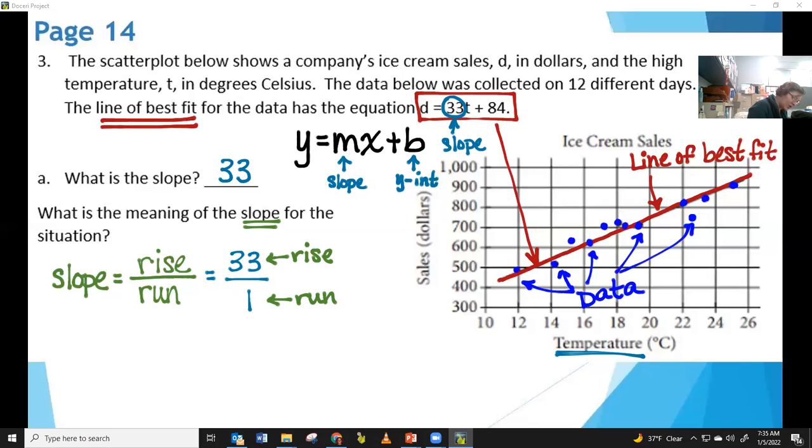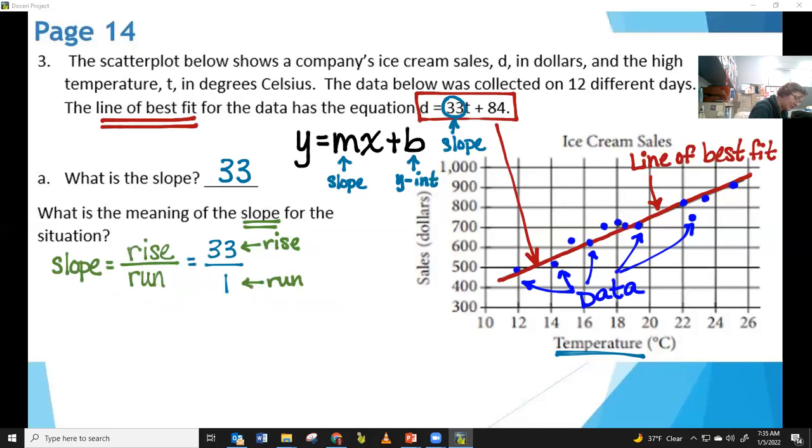Okay, so when we're talking about the meaning of the slope here, I'm going to remember that slope means rise over run. I'm going to take my slope and write it as a fraction. If I would go up because of my slope, then I'm going to say that this is an increase.